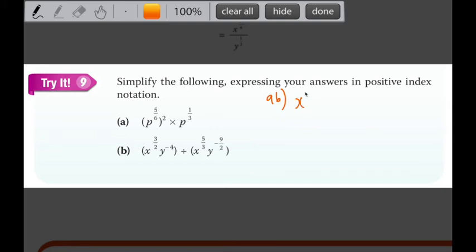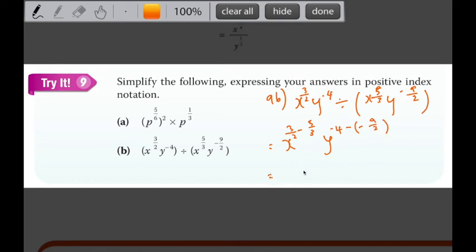You have x to the power of 3 over 2, y to the power of negative 4, divided by x to the power of 5 over 3, and y to the power of negative 9 over 2. Divide means minus, right? Minus the power. So what you have is x to the power of 3 over 2 minus 5 over 3, and y to the power of negative 4 minus negative 9 over 2.